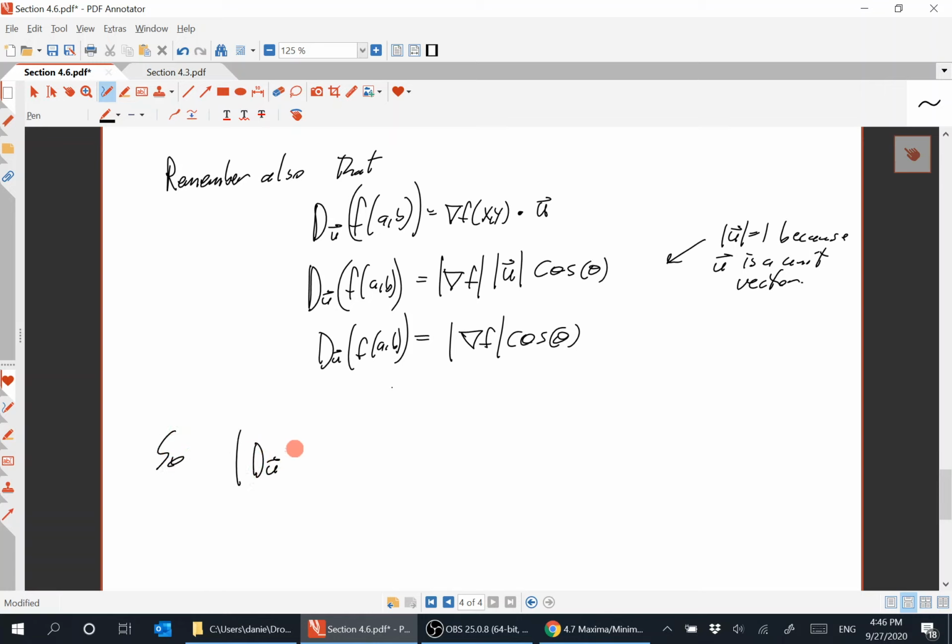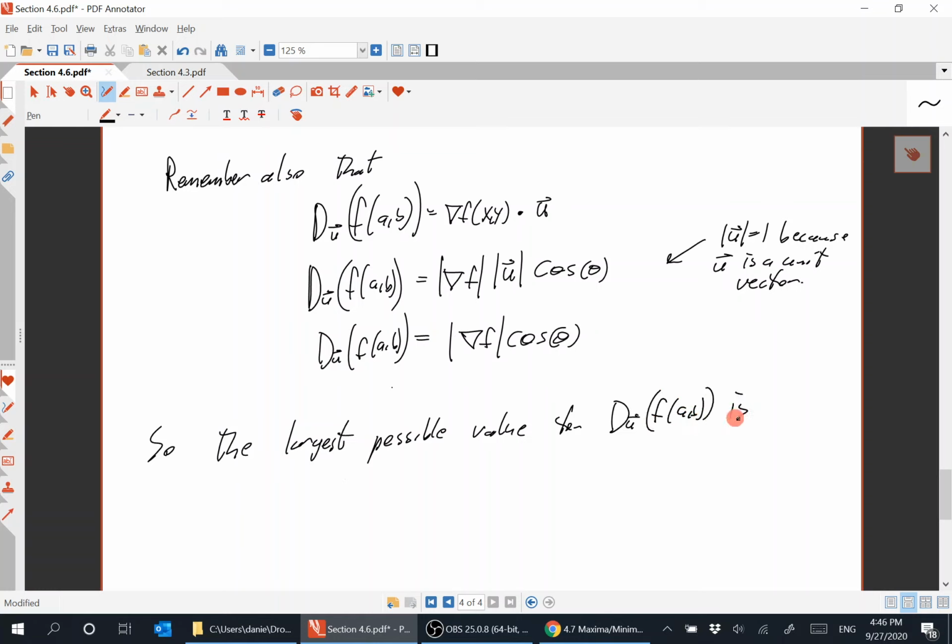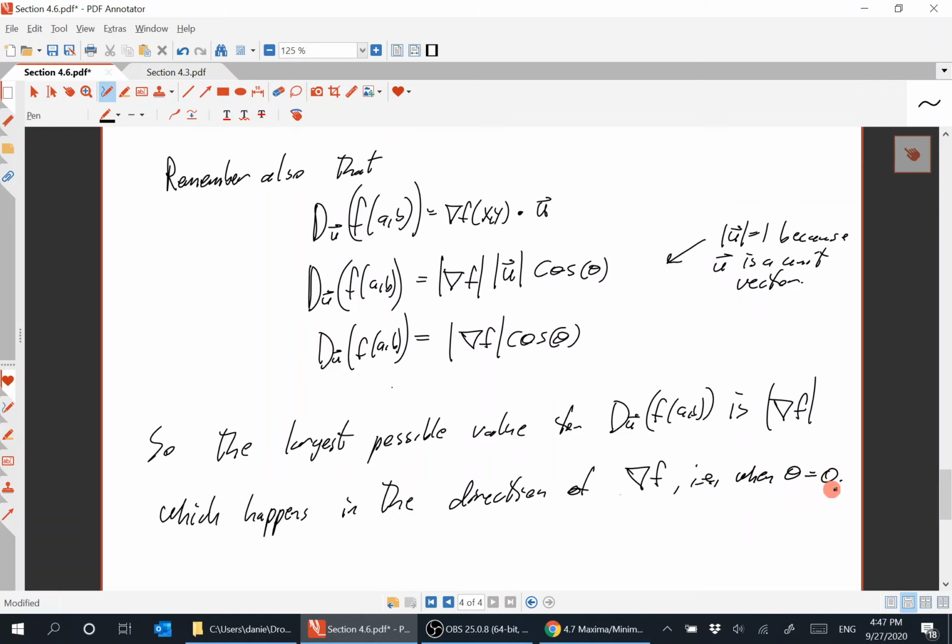So the largest value for the directional derivative of f at (a, b) is the length of the gradient, which happens in the direction of the gradient, when theta is 0 degrees.